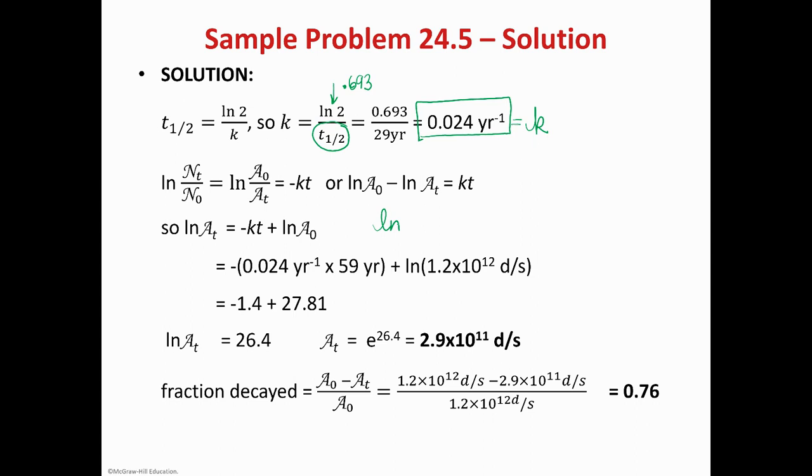And then now we'll plug in to our equation. So we're solving for the amount left. They switched units here, but it's okay. It could be N or A. I'll just be consistent with this particular slide. Negative K times T. This was given, the 59 years was how much is left after 59 years, plus the initial number for the radioactive disintegrations per second.